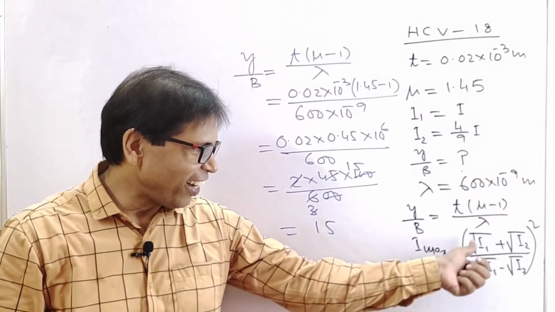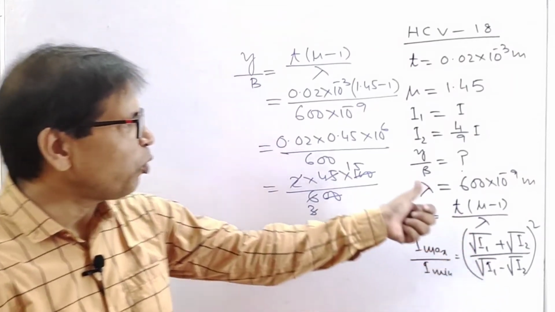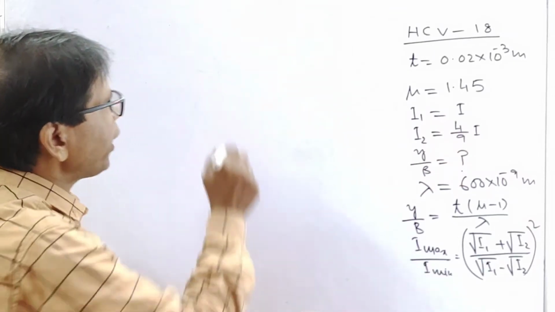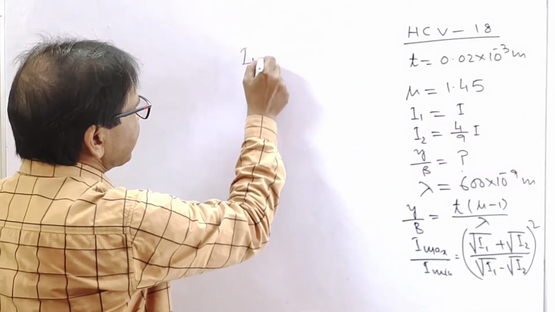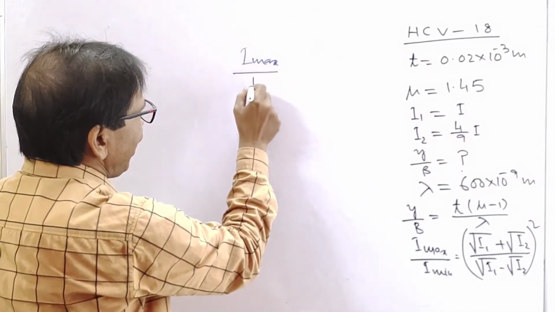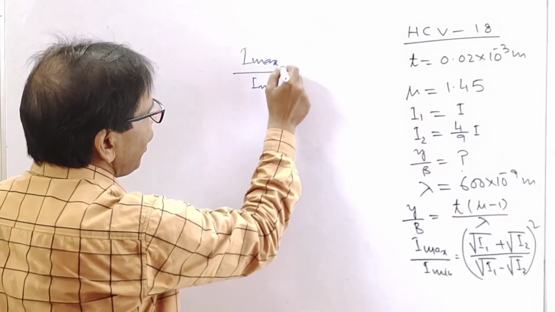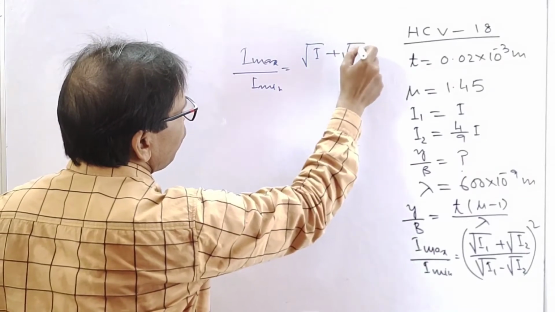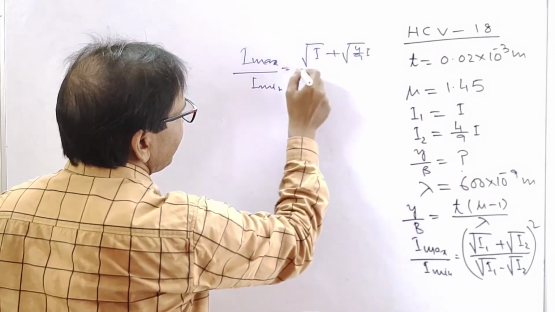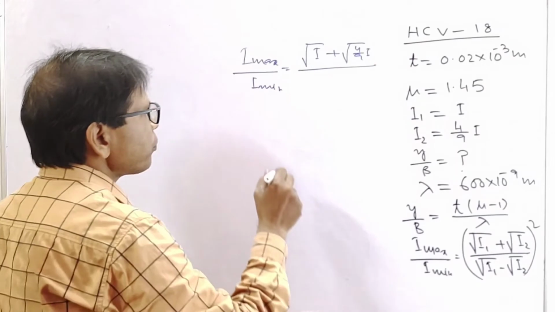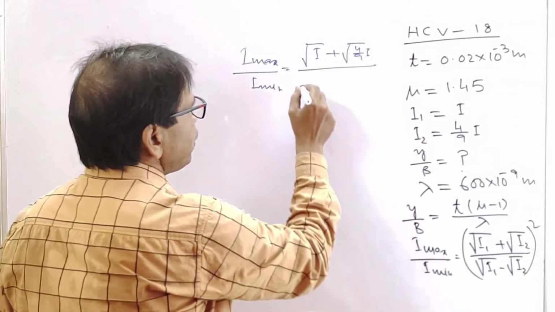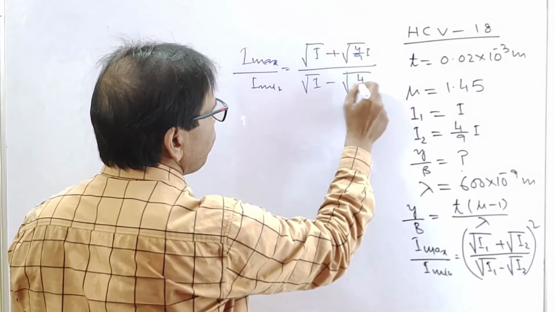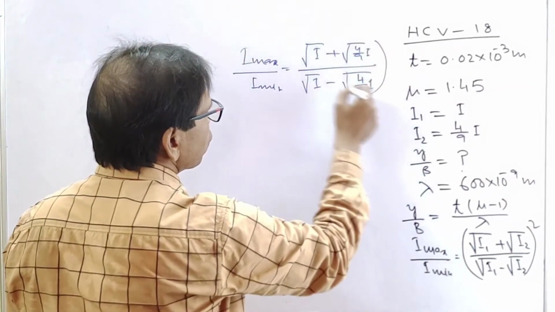Okay, now next, I max by I min. I1 equals I and I2 equals this. So this is I max and this is I min. Here, root over I plus root over 4 by 9 I, divided by root over I minus root over 4 by 9 I, whole square.